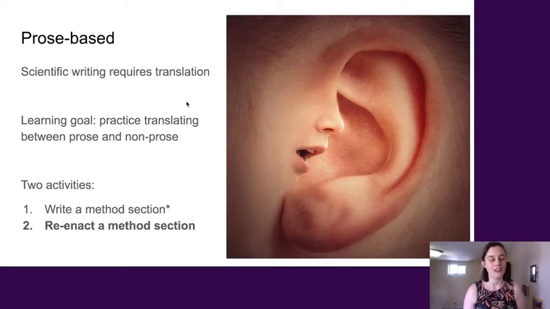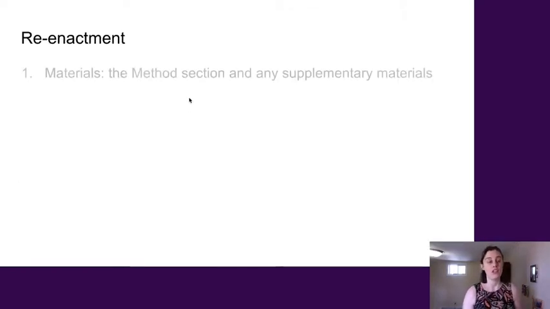So what does that mean? Well, it's not replicating a study, right? We're not able to go out into the community and replicate work. That doesn't mean we can't take all of the steps that the researchers took in order to feel what the study feels like. So let me give you an example of how I do this.